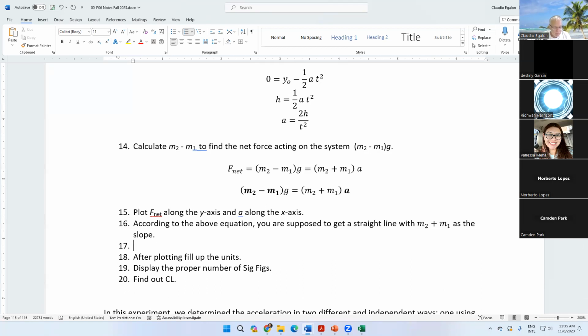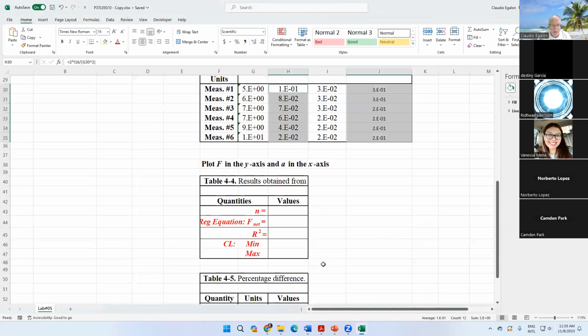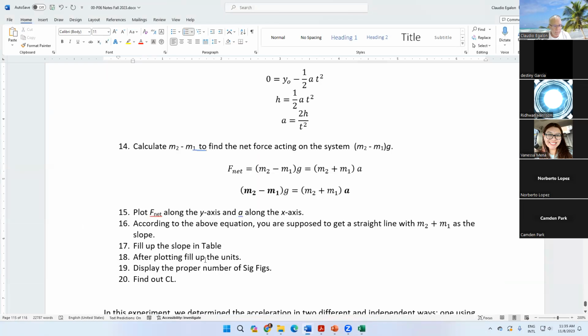Well, you gotta do something else too, right? Fill up the slope in the table. What's the table number? Fill up the slope in table 4-5, and check the percentage difference.